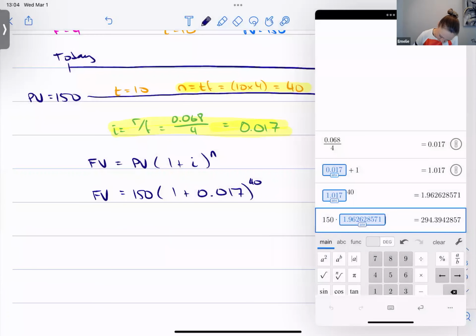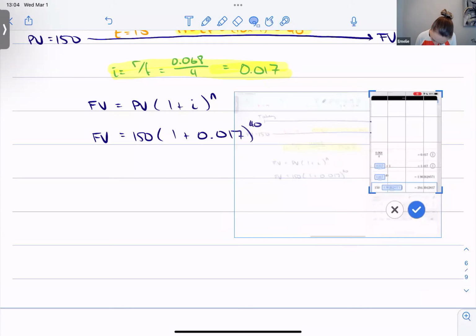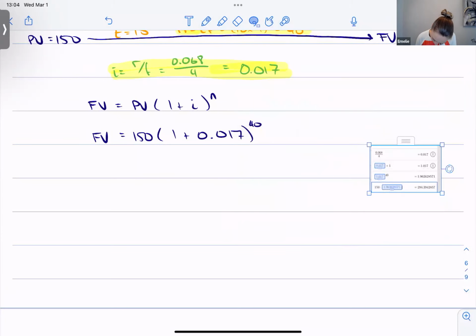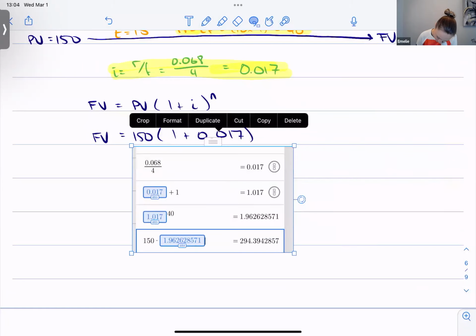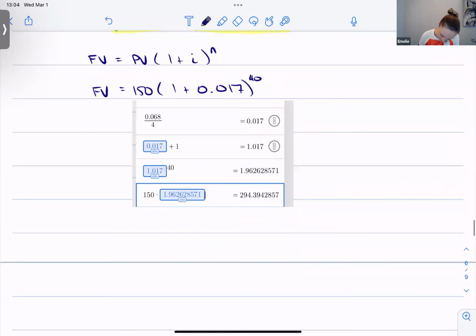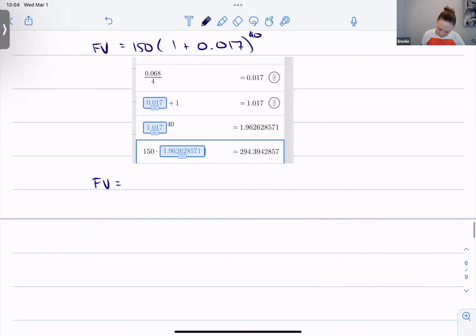But now get rid of this. Okay. So I get the future value is $294 and rounding properly 39 cents.